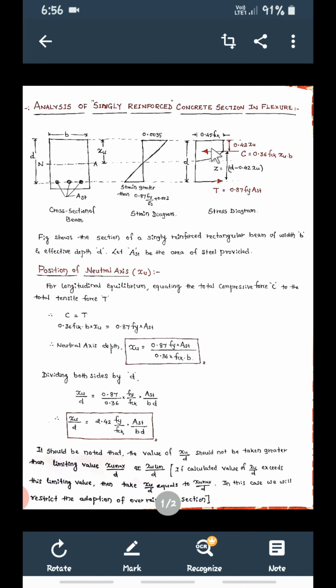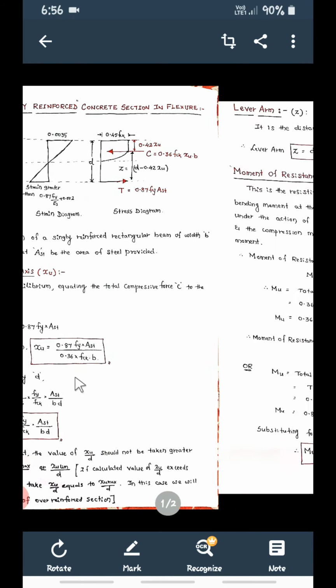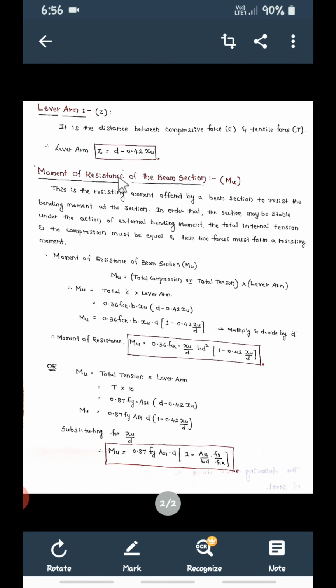So Z is equal to what? This is D minus this distance, that is 0.42 XU. How we have got this? There will be a derivation, we are going to see that. This is lever arm Z.